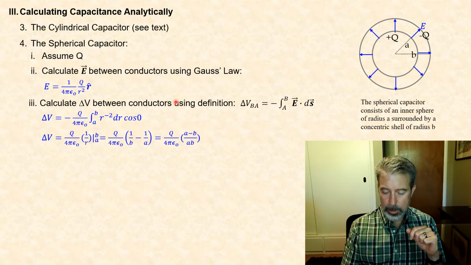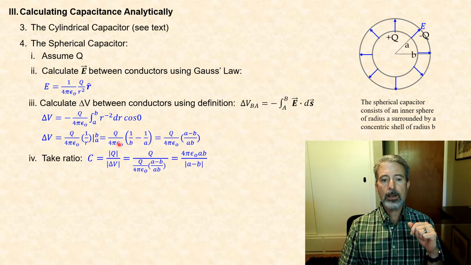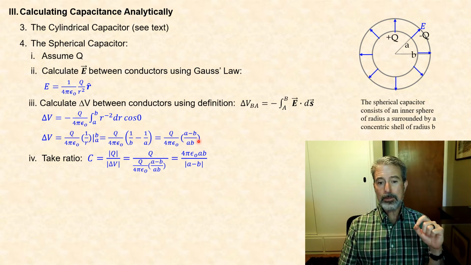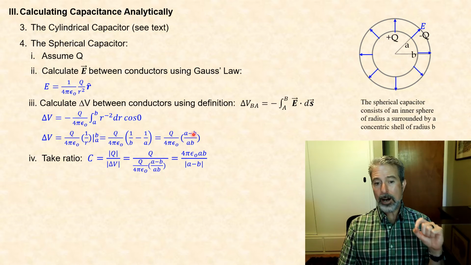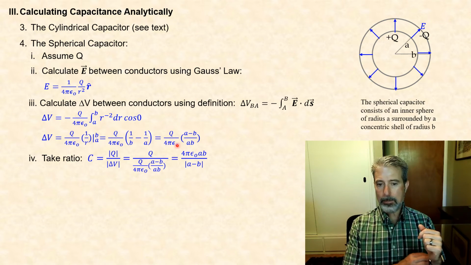So when we take the next step and calculate the capacitance, remember this, a minus b in the numerator here is going to be a negative value, but when we take the capacitance, we make it positive. So we'll take the absolute value of that. And you see here that the Q's cancel. Using this approach, that always happens. And this is the result we end up with here for the capacitance.